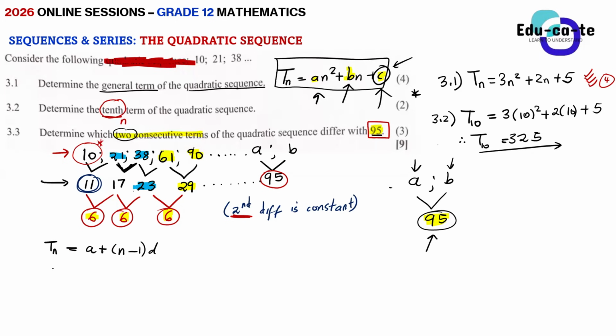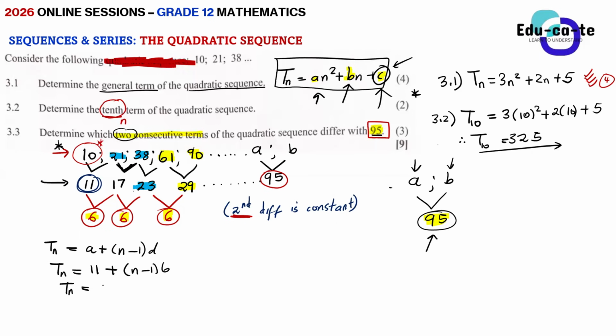So Tn is equal to, what is the first term of this arithmetic sequence? It's 11, guys, not 10. 10 is the first term of the quadratic one. The constant difference is 6.